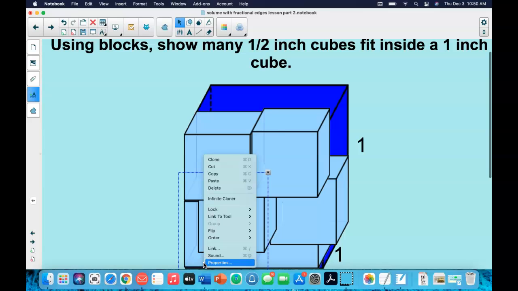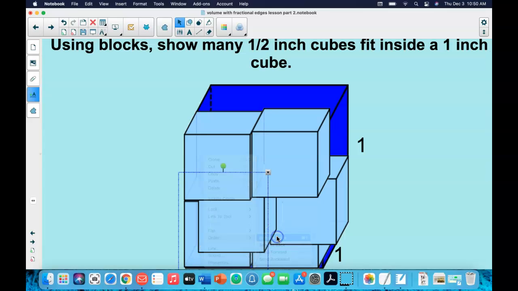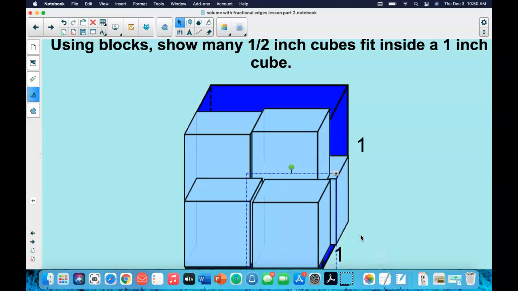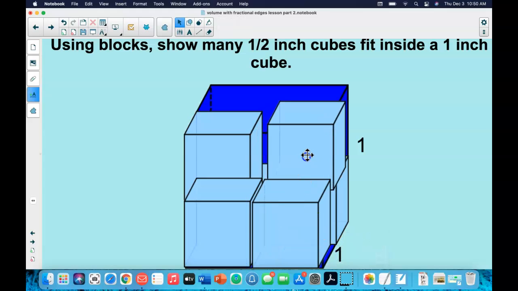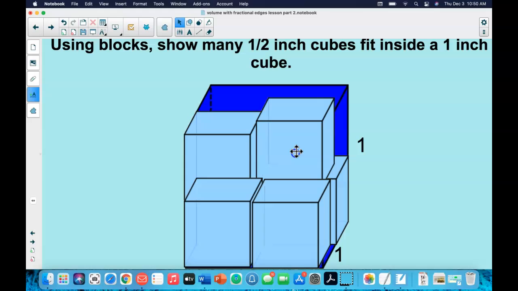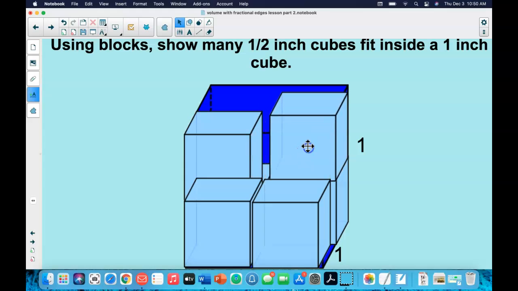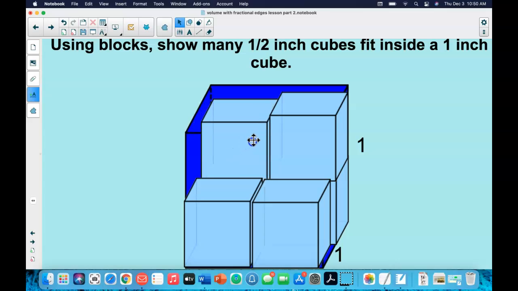I'm going to bring this to the front because it's kind of hard to see what's happening when it's in this order. Okay, so I have 2 in the front, and I have 2 in the back, but I still have some space.